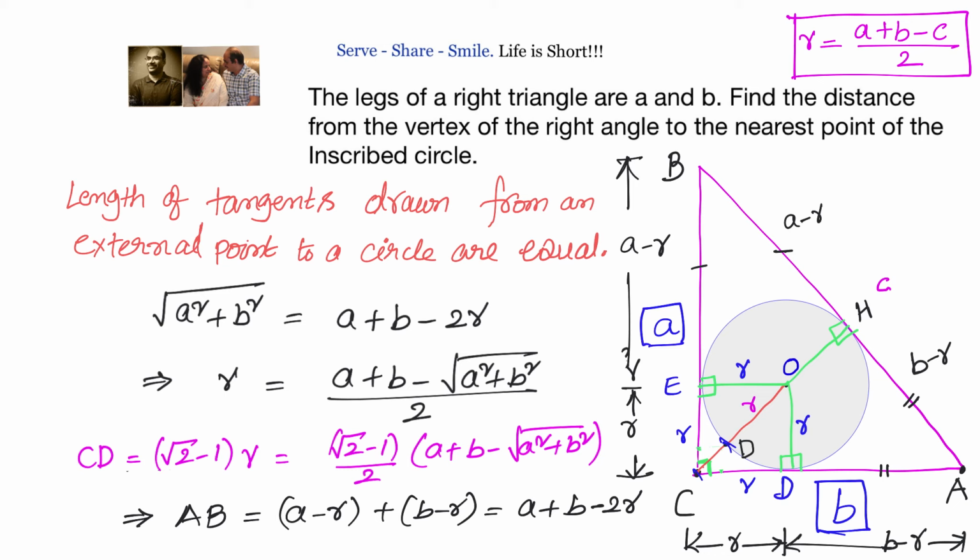But C is equal to the square root of A square plus B square by the Pythagoras theorem. So CD is equal to root 2 minus 1 divided by 2 into A plus B minus square root of A square plus B square.